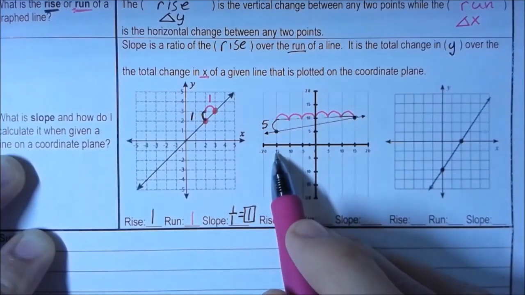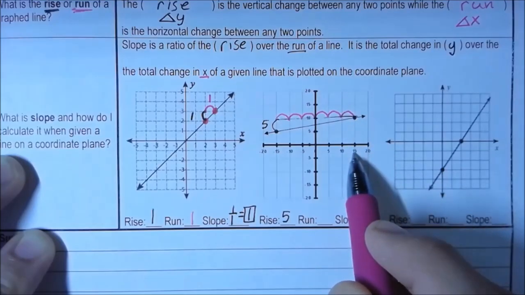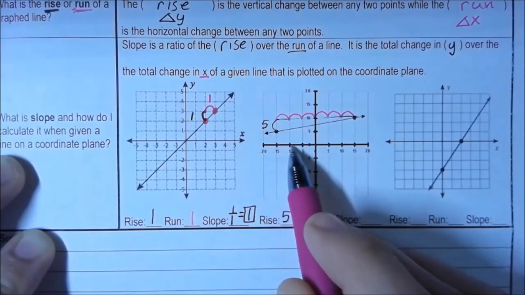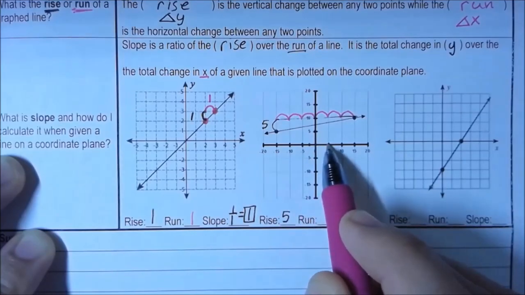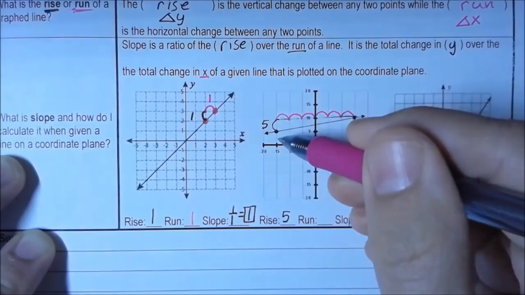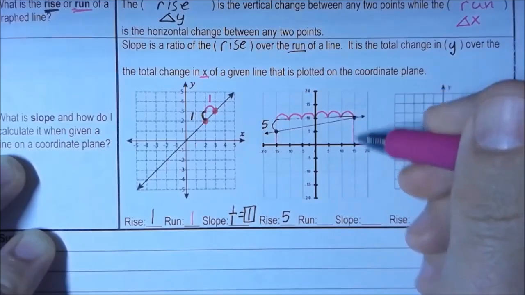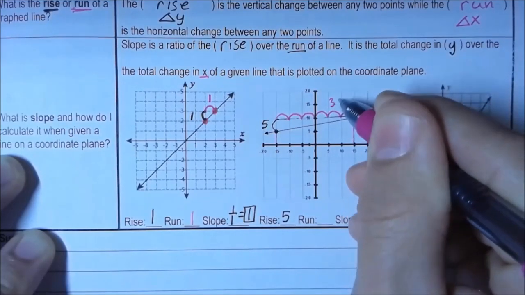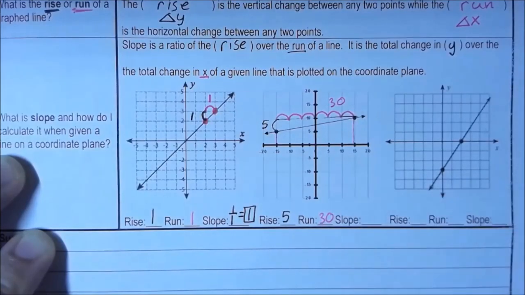Or you could count by 5s from 15 all the way over until it lines up with this one, which is at positive 15. So we moved 5, 10, 15, 20, 25, and 30. So to go from here all the way to here, we actually moved 30 units. So our run is going to be 30.